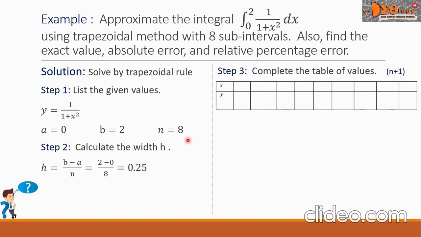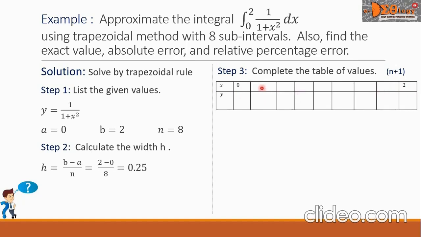Our n is 8, so 8 plus 1, we should write here 9 columns. Let us complete the x row. The first blank here is reserved for the value of a, which is 0. The last blank of x is reserved for b, which is 2. Now let us complete the remaining values.